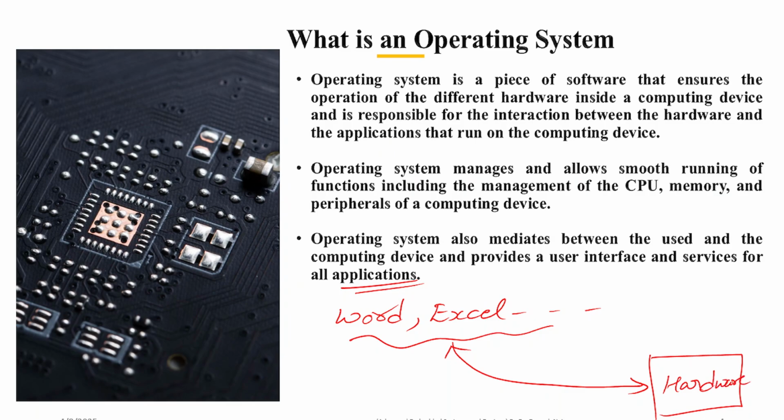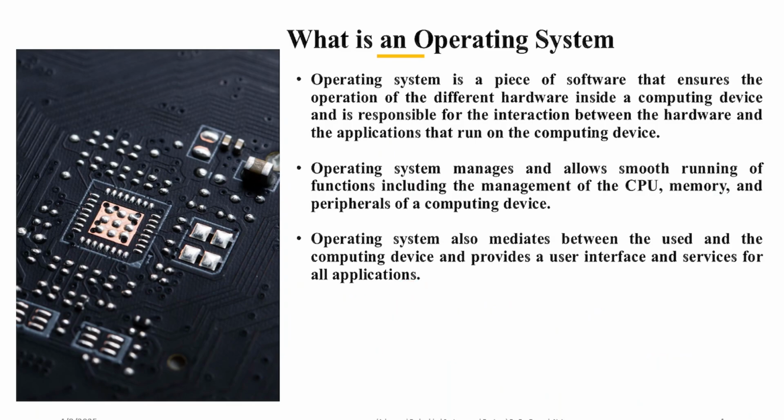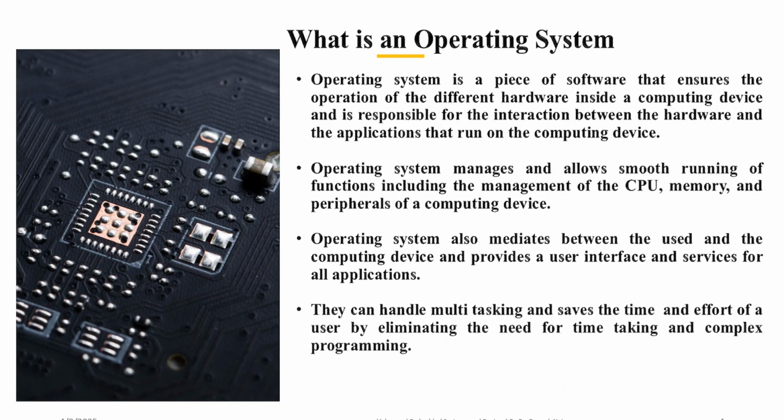Inside a computer, it also handles multitasking, because now there are so many computers which can handle multitasking related applications. So operating systems now can handle multitasking to save time and resources of the computer.